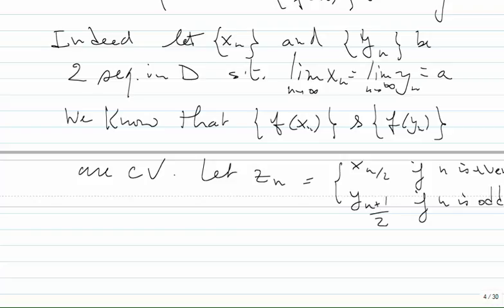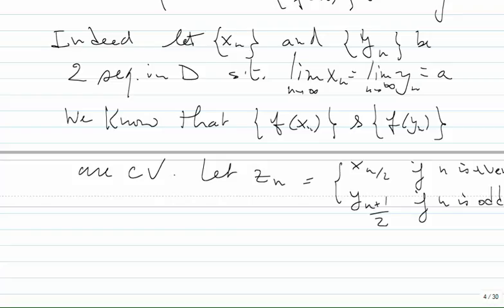And this way, in other words, for example, z1 is going to be y1, and z2 is going to be x1. So we go y1, x1, y2, x2, y3, x3, et cetera.